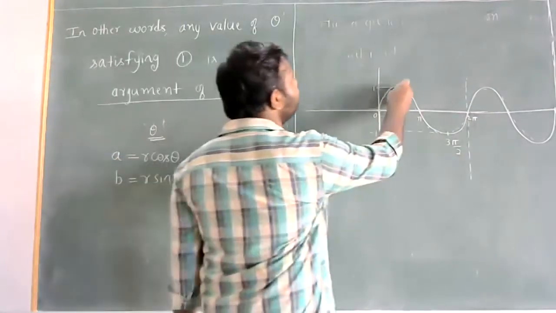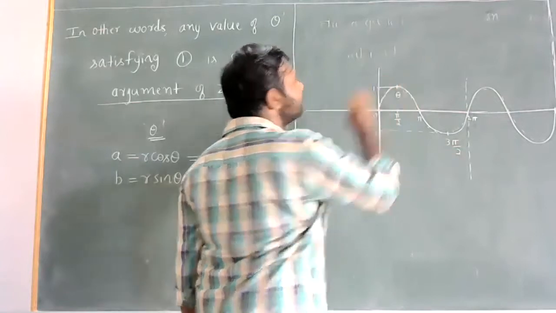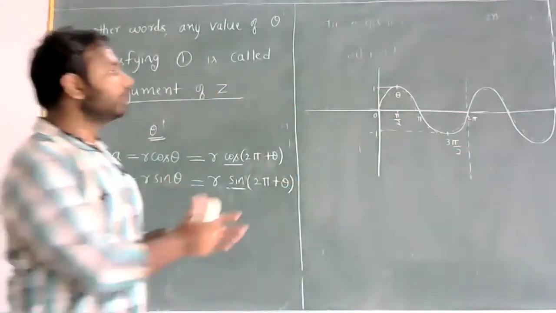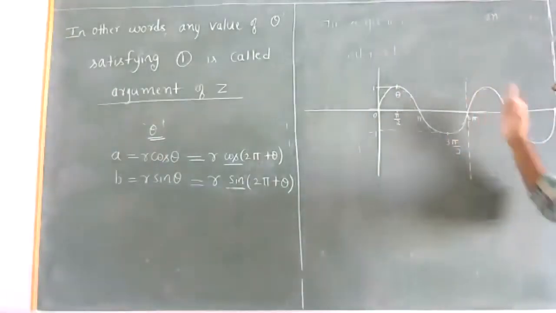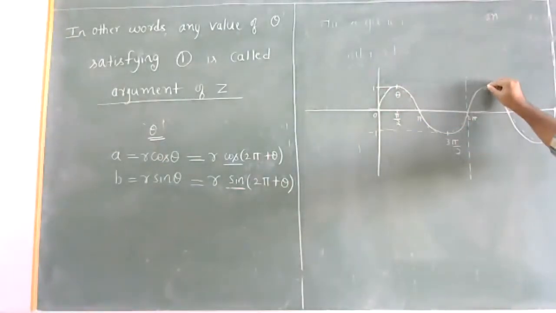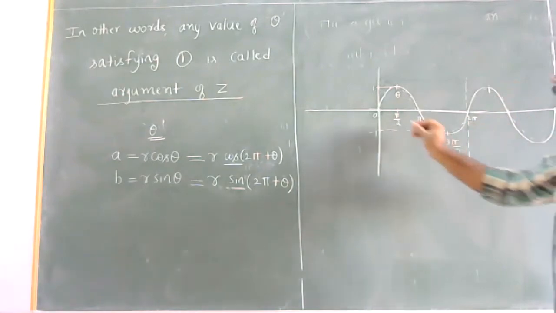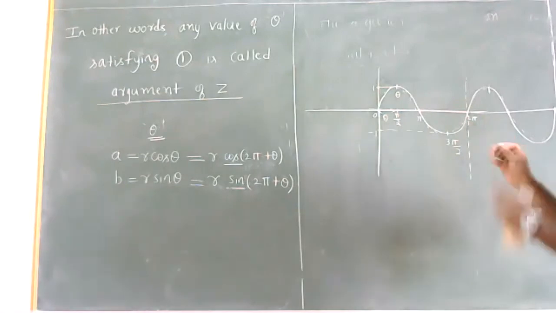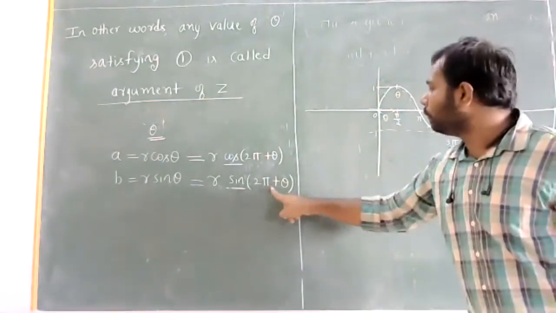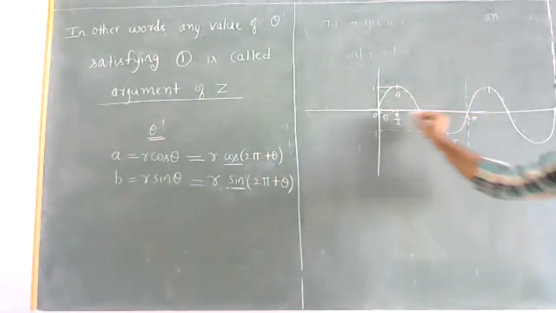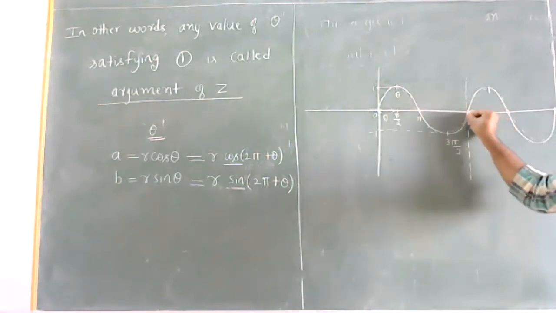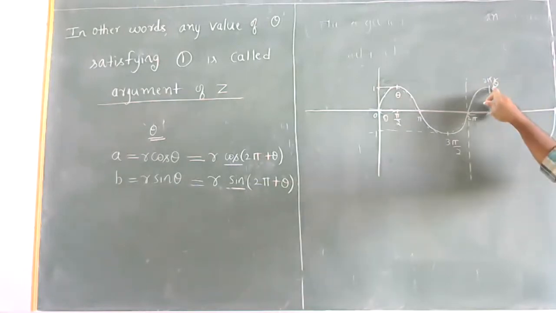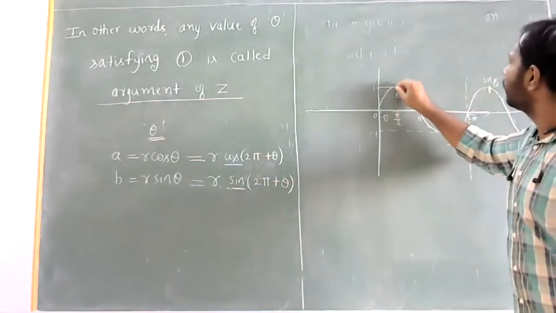If this is theta, and I want to move 2 pi plus theta, you'll get somewhere here. This is 2 pi, and this is the theta measure. So this is the 2 pi plus theta value. So both are equal.